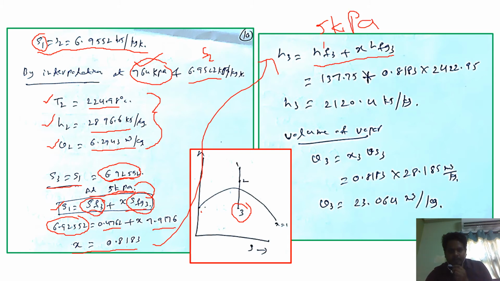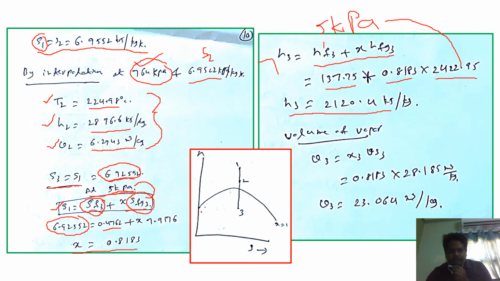If you refer to the saturation steam table, the HF3 value is 137.75, plus the X value we already calculated, that is 0.8183, into HFG, which means Hg minus Hf. This also we take from the steam table at 5 kilopascal, 2422.95. Now we can find the H3 value, that is 2120.4 kilojoule per kg.